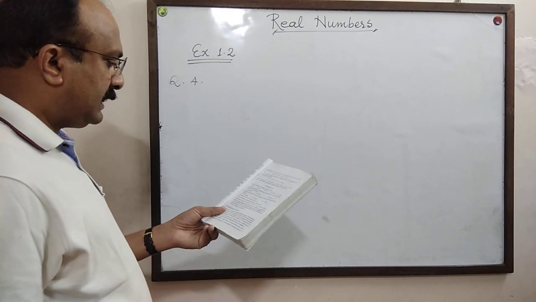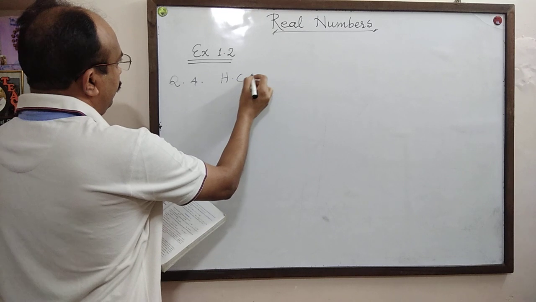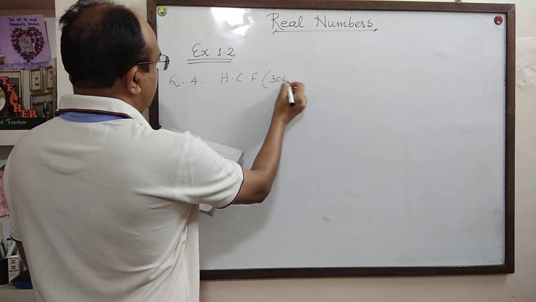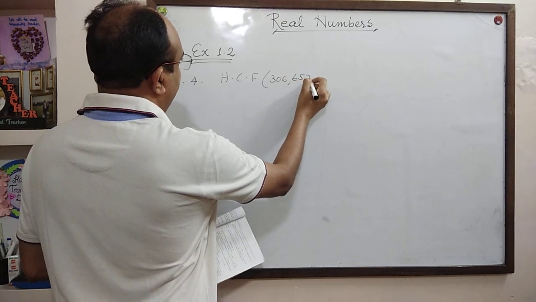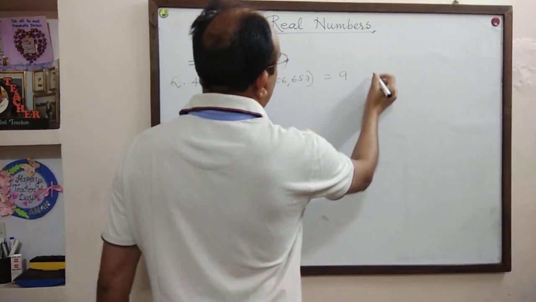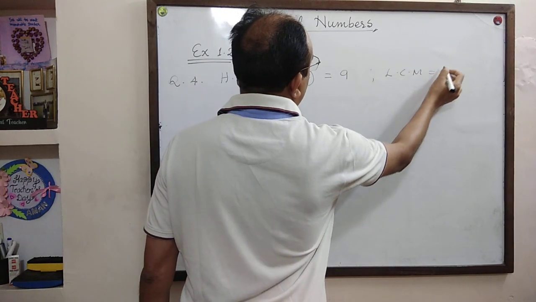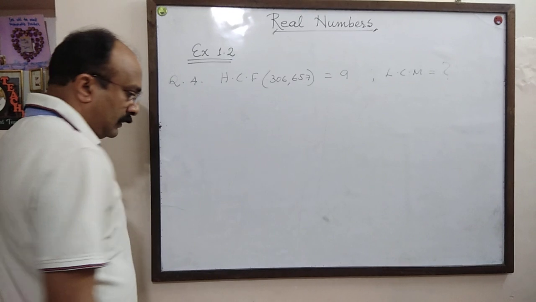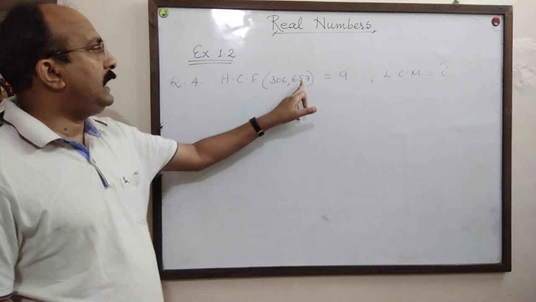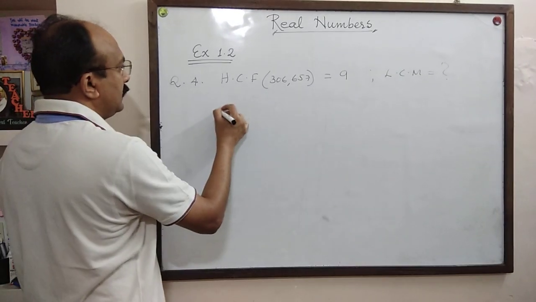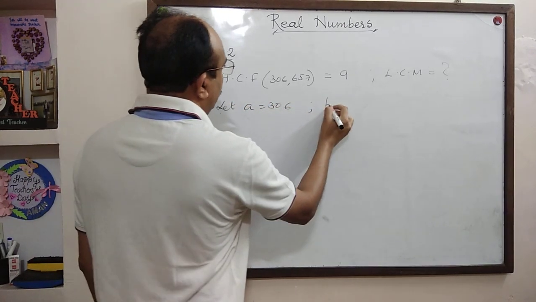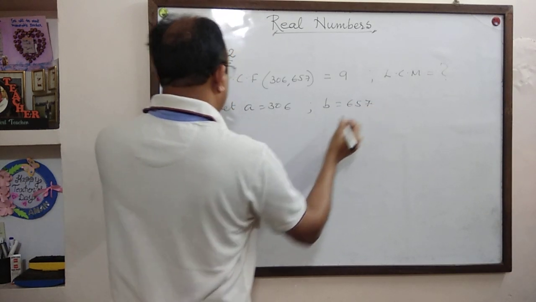Question number 4 is, given that HCF of 306 and 657 is equal to 9, find the LCM. So we know the relation HCF into LCM is equal to A into B. Let A be 306 and B be 657.